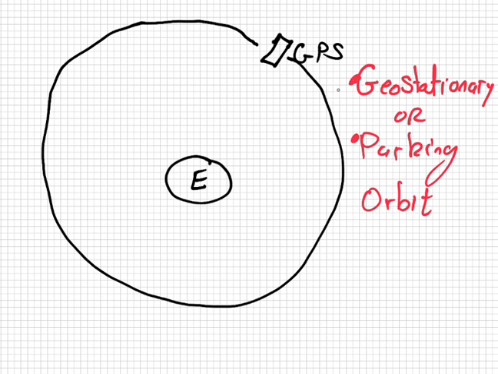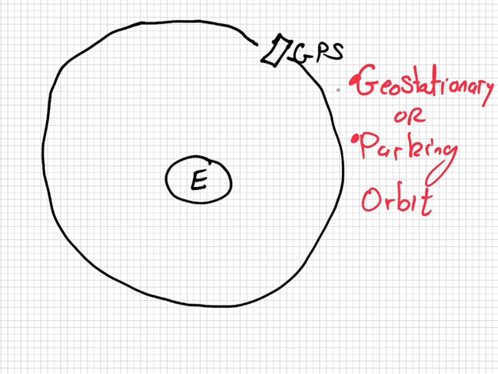Geostationary means for Earth that the satellite's time to go around the Earth is 24 hours. Now, how long does it take the Earth to turn? 24 hours. So if the satellite takes 24 hours as well, it always looks like the satellite is above your head.